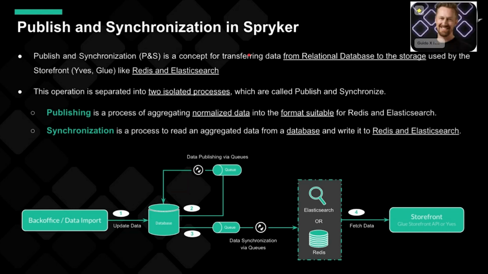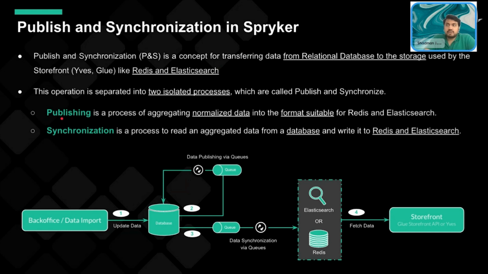So this is where we use publish and synchronization, in order to update the front-end storage with the help of the queue mechanism. This process is split into two different processes. The first is publishing, and the other is synchronization.